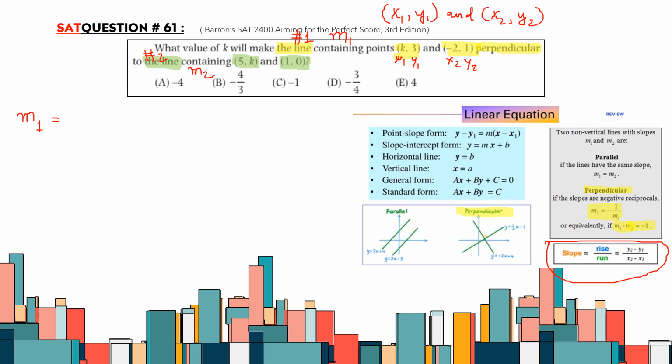So y2, which is 1, minus 3, over x2, which is -2, minus x1, which is k. Simplify this one, we'll have -2 over -2 minus k.